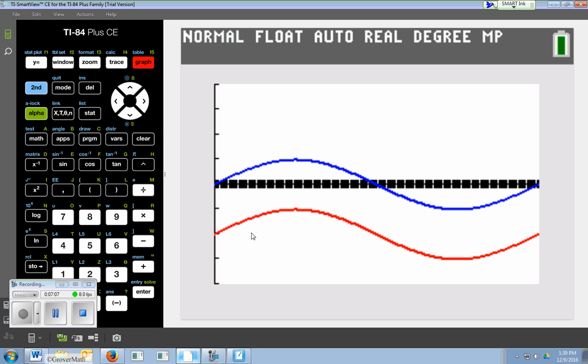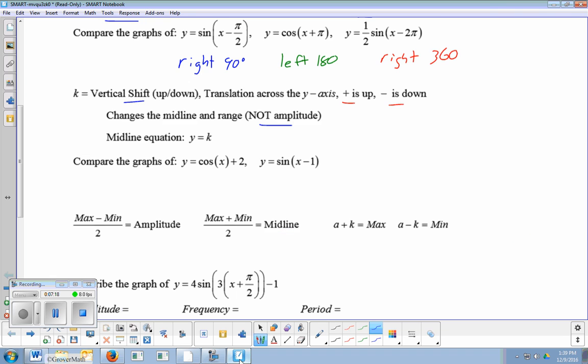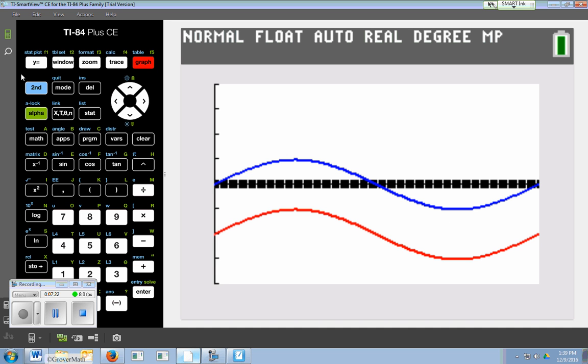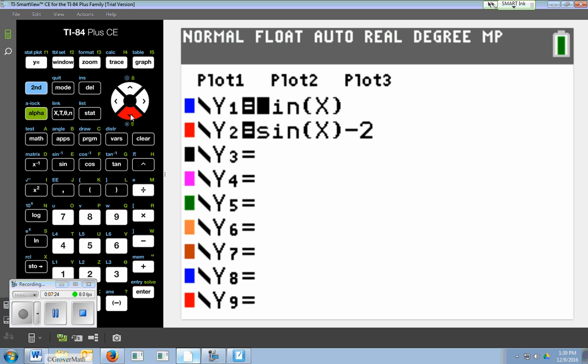So the middle of the wave would be here. We would call it the midline. And it would be the equation y equals -2. Actually, let me see if I could plug that in here too, show you what I'm talking about.